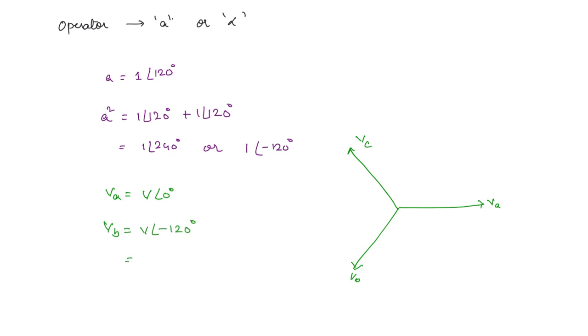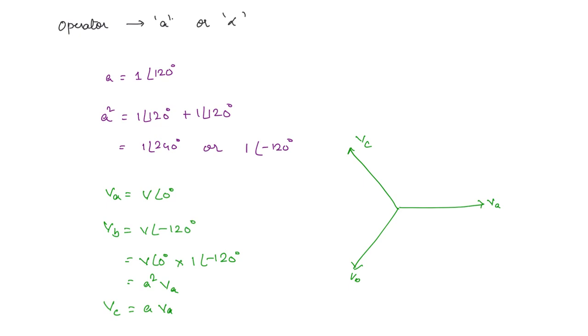We can write this as V angle 0 degrees times 1 angle minus 120 degrees. V angle 0 degrees is VA, and 1 angle minus 120 is A squared. So VB is A squared VA. Similarly, VC you will get as A times VA. In this way you will be able to represent each of the phasors in the same variable, VA. So this operator is very useful when you are doing phasor analysis.